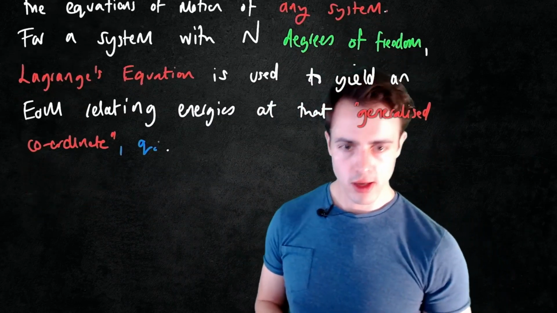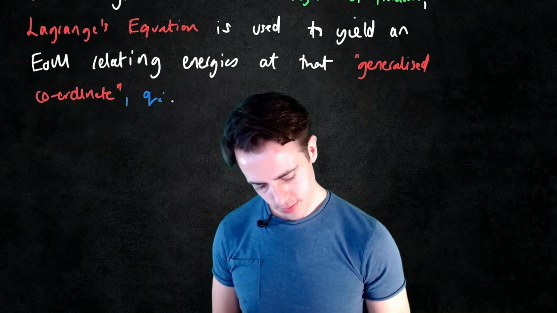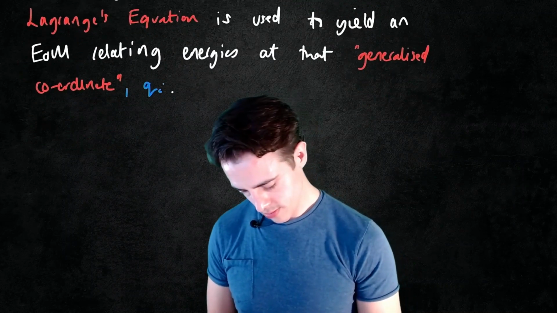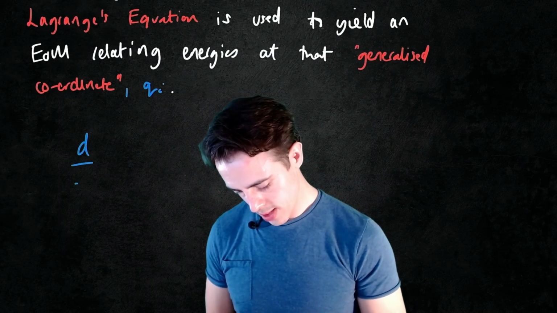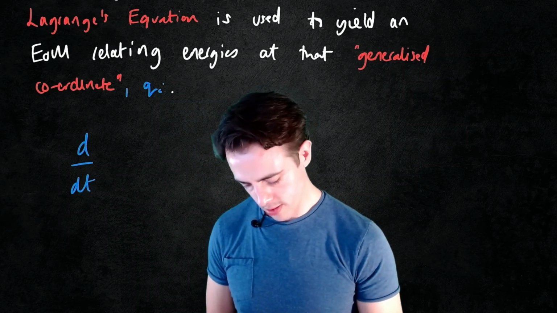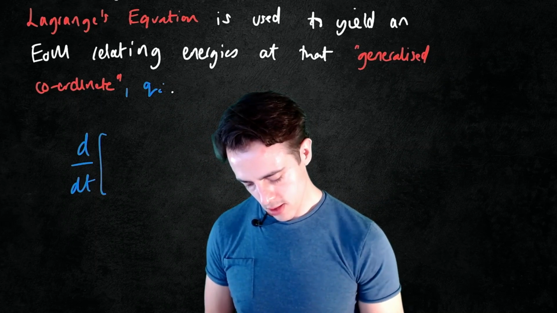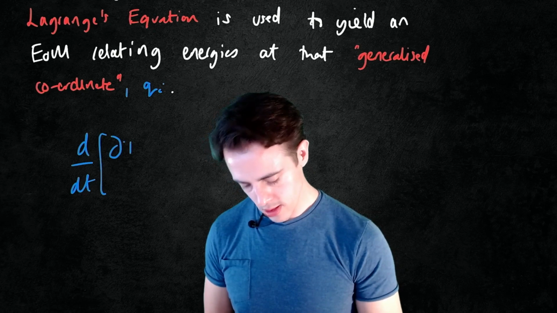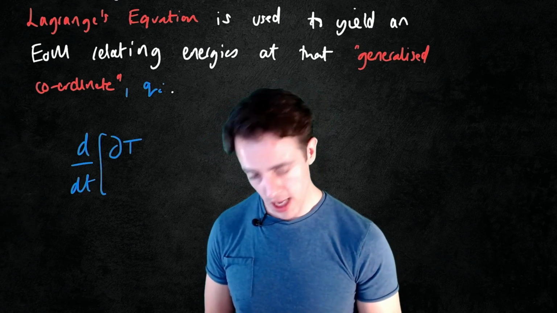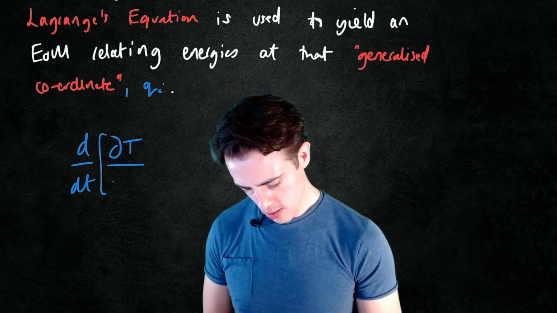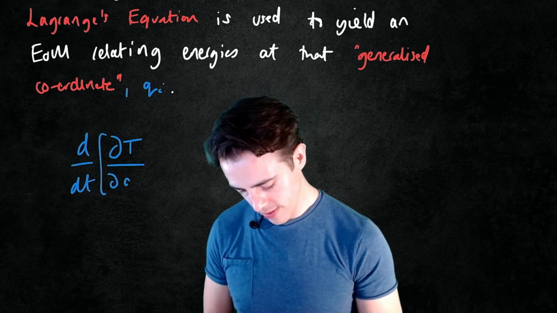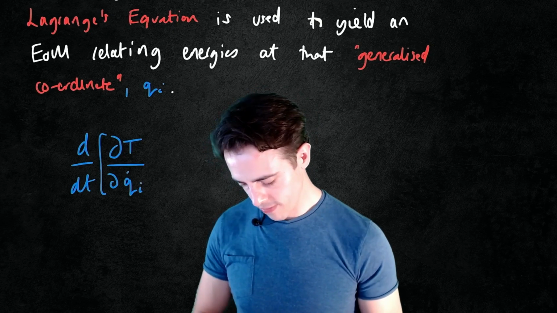So Lagrange's equation is d on dt, so the first time derivative of the partial derivative of the kinetic energy with respect to the first time derivative of that generalized coordinate.